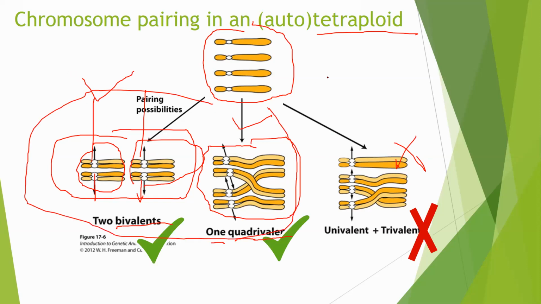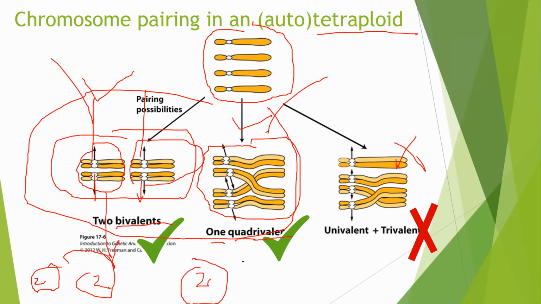Either in this way or in this way, this will produce a gamete with 2 copies of each chromosome, right? I hope everyone can understand this, and this will be useful for us to solve the problems in the quiz or in the final exam.